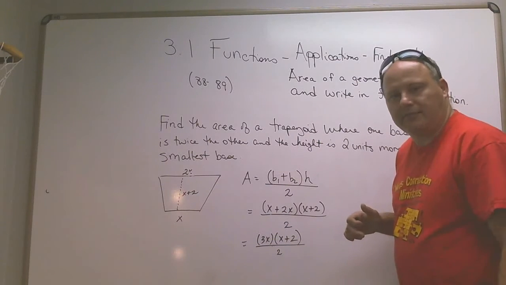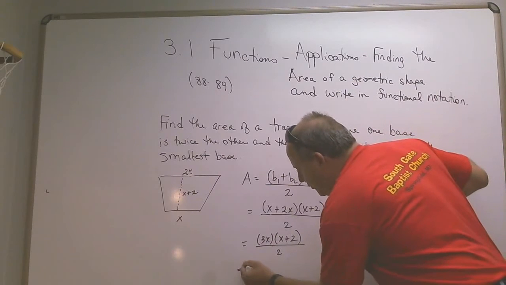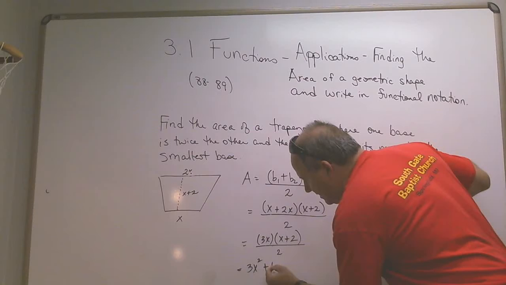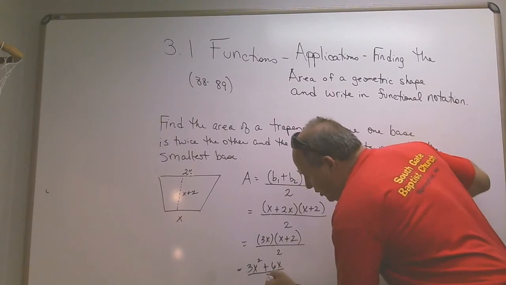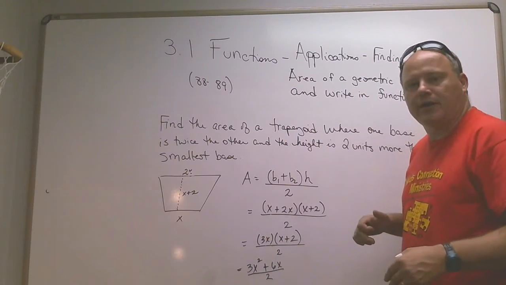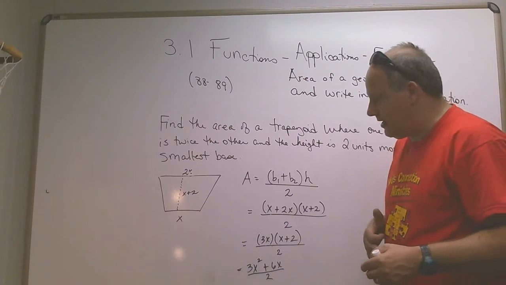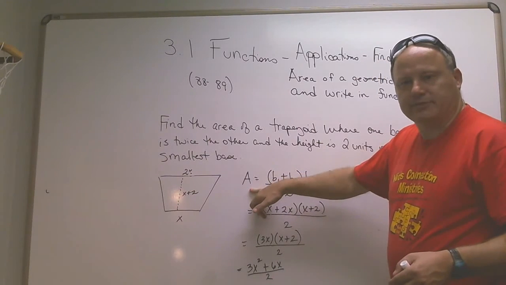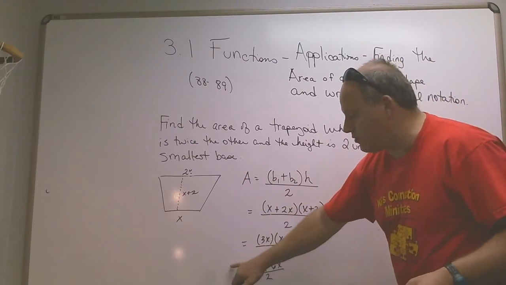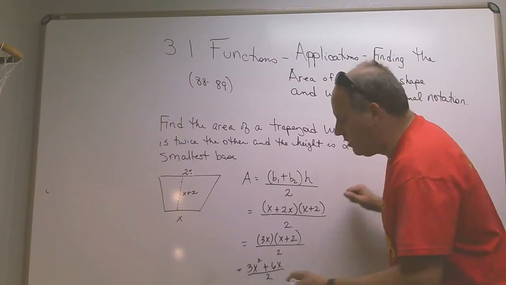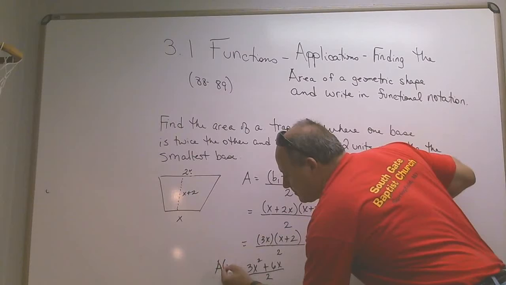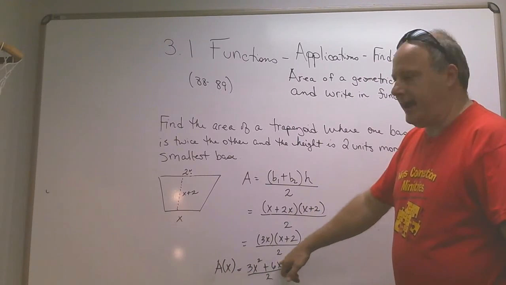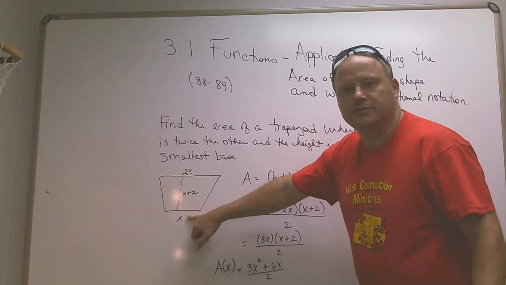If you multiply the top, you get 3x squared, and then 3x times 2 is 6x, over 2. Now you can break this up into two pieces if you want. Don't really need to do that, but it's an area function in terms of x. So we won't call this A anymore. We're going to call it A of x, because the area is based on x being the smallest base.